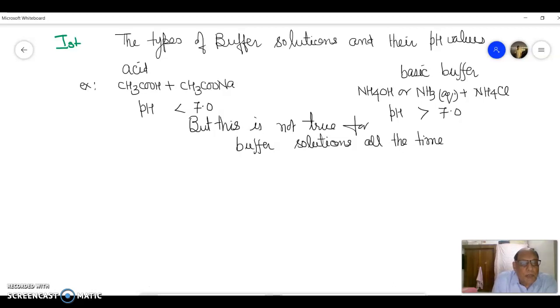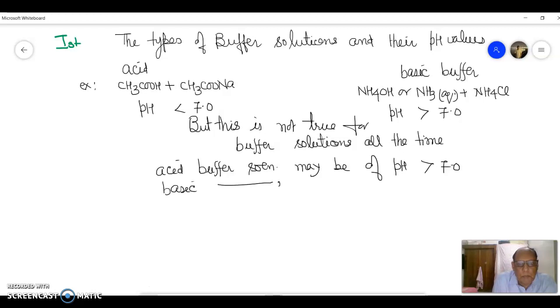Because an acid buffer solution may be of pH more than 7 and similarly a basic buffer solution may be of pH less than 7. I would like to illustrate my point by taking a very simple example.